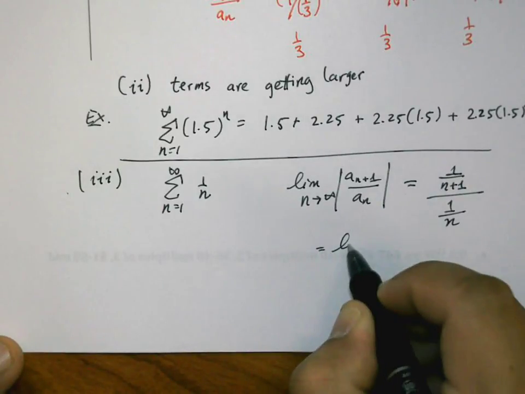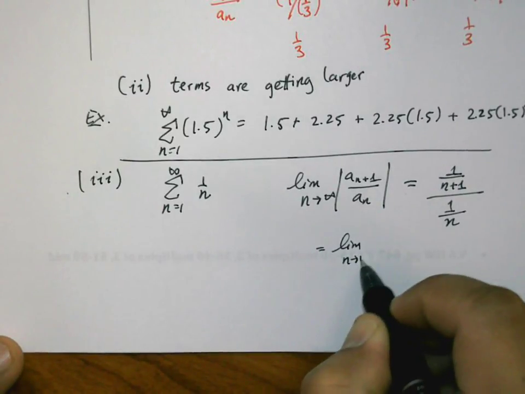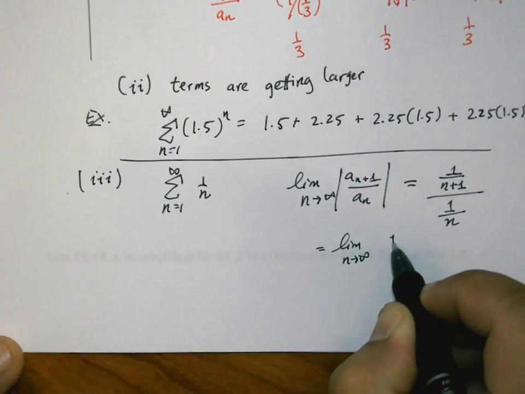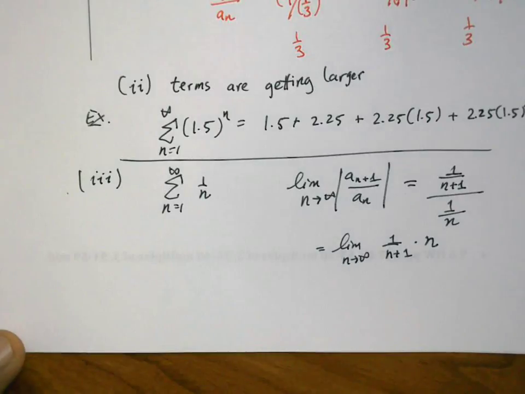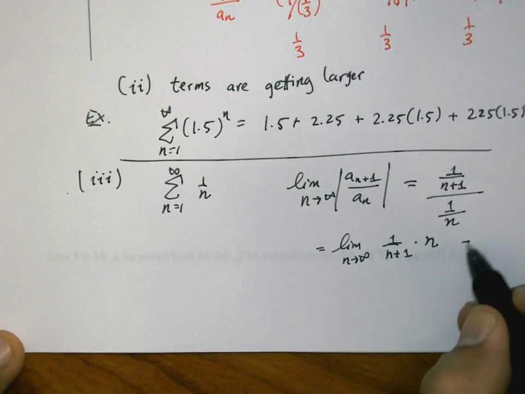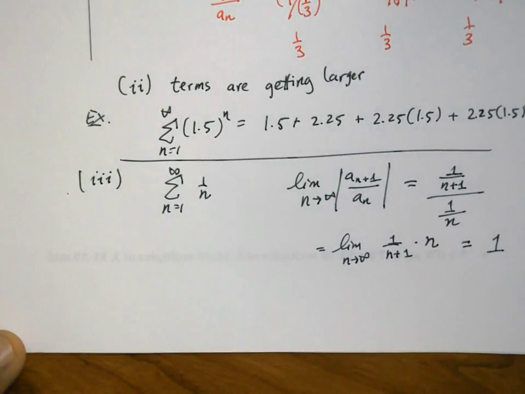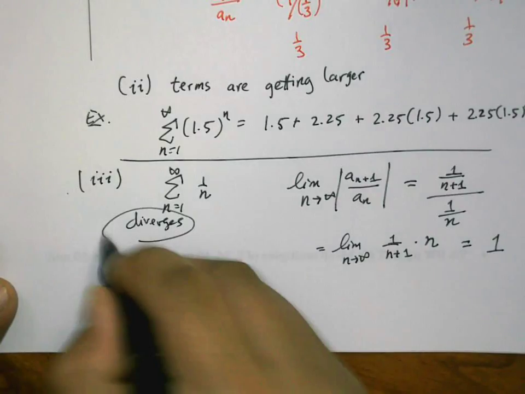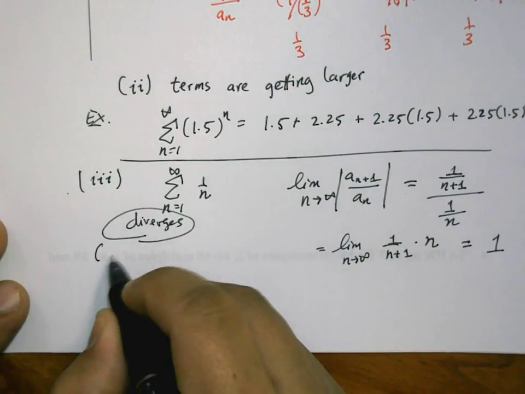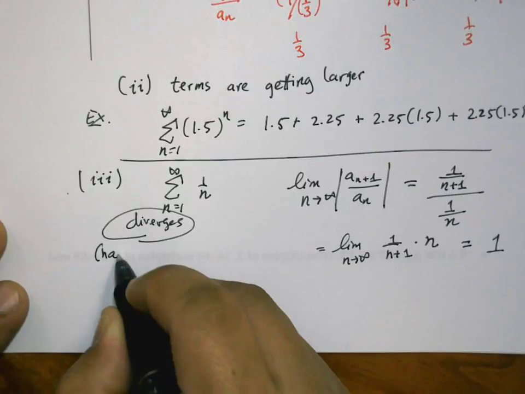So this comes out to the limit as n approaches infinity of 1 over n plus 1 times n. Okay. And you can see here that this limit will eventually approach 1 if you look at the leading term, but this series, we already know it diverges. From previously, we know that this diverges because it is a harmonic series.